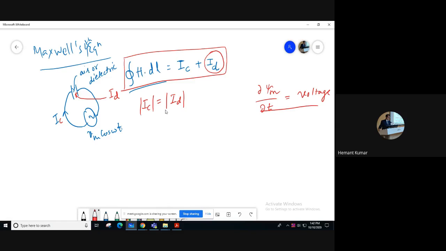So in the fourth equation, if the change of the magnetic flux can be a form of a voltage, then the change in the electric flux density is a form of a current.